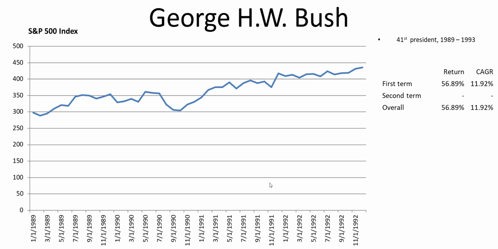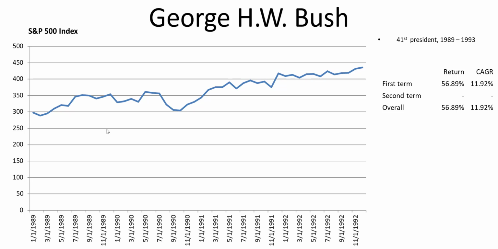The next president that I want to talk about is George Herbert Walker Bush, who was the 41st president of the United States from 1989 to 1993. The US economy had generally performed well since emerging from recession in late 1982, but it slipped into a mild recession in the 1990s.